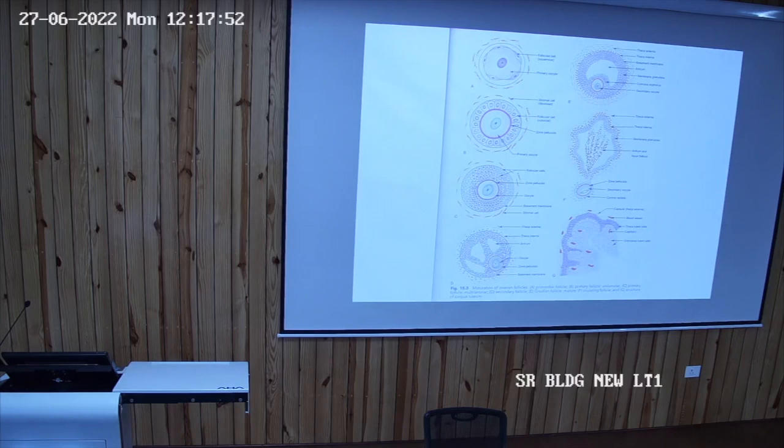So up to this part, the first meiotic division is completed, and now it goes under the second meiotic division, and in the secondary oocyte it undergoes ovulation. So the oocyte comes out, and as it comes out, it takes along the cumulus oophorus layer.